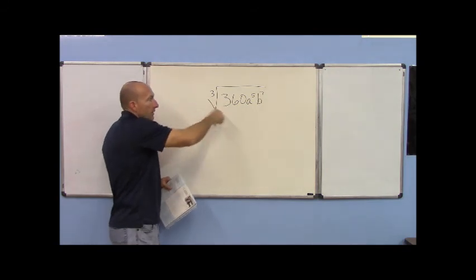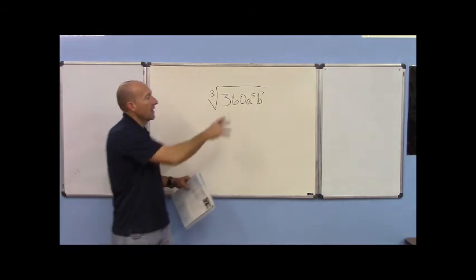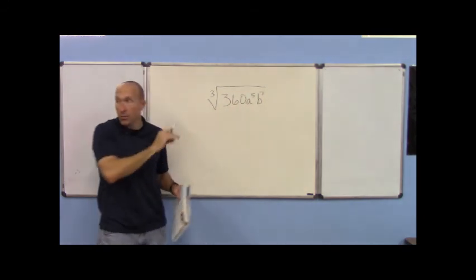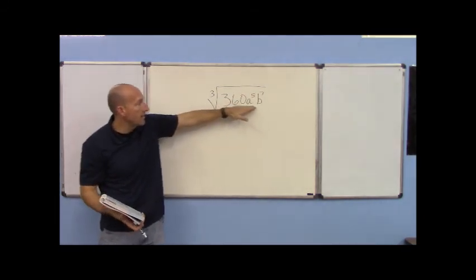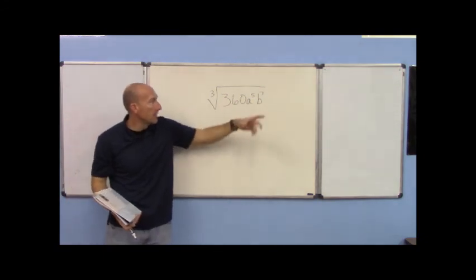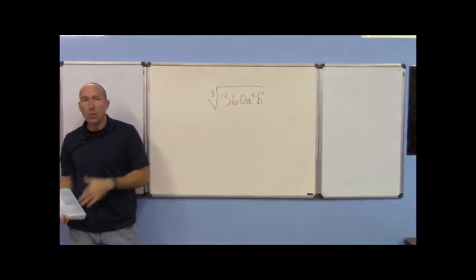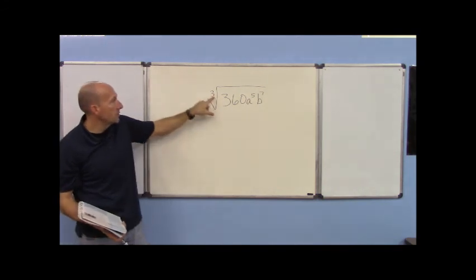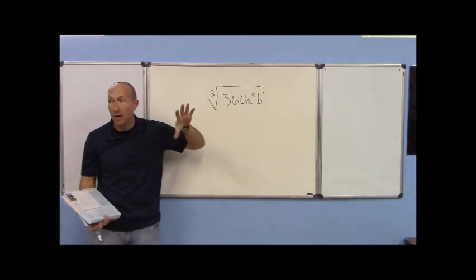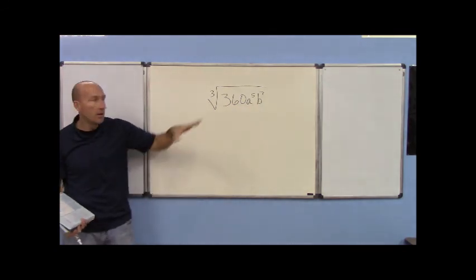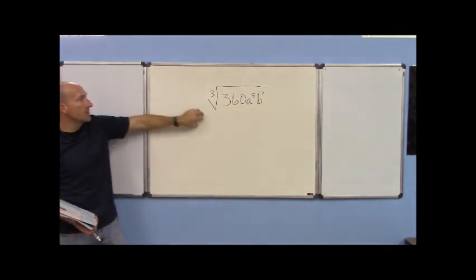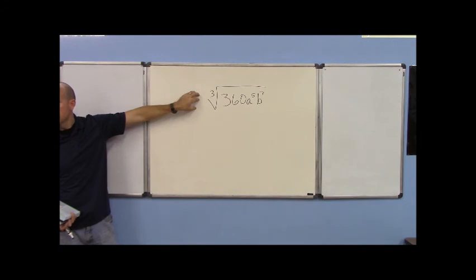Right now they're on the sidelines or sitting on the bench, or however you want to envision this area under the radical. The radicand is this area here, but think of this as the bench. In order to go out on the field, this tells you how many factors of each of those elements you must have for you to come out as one team.